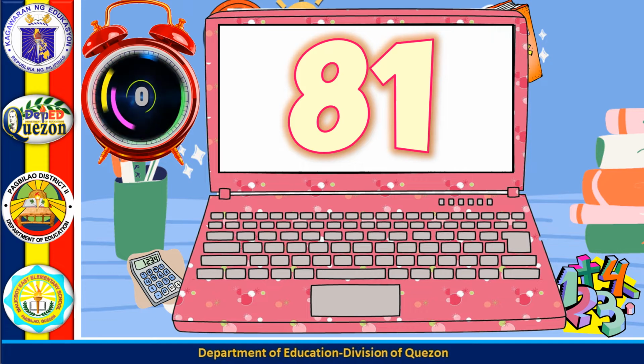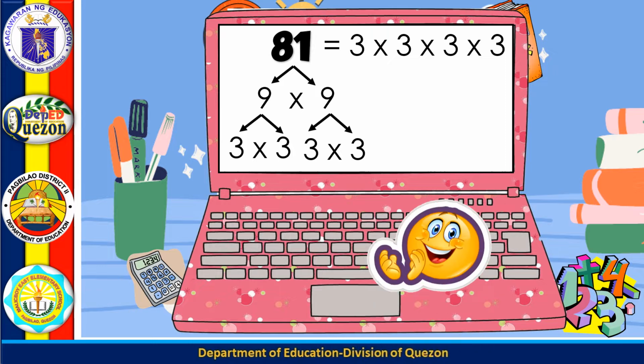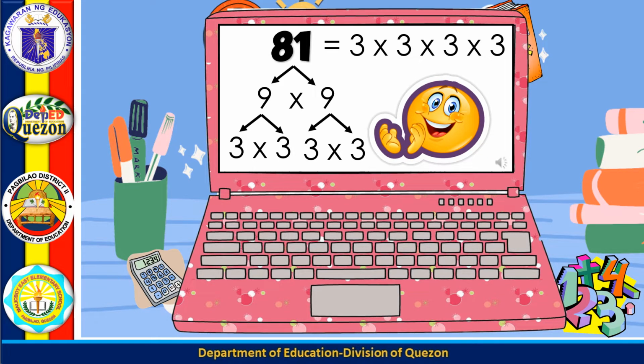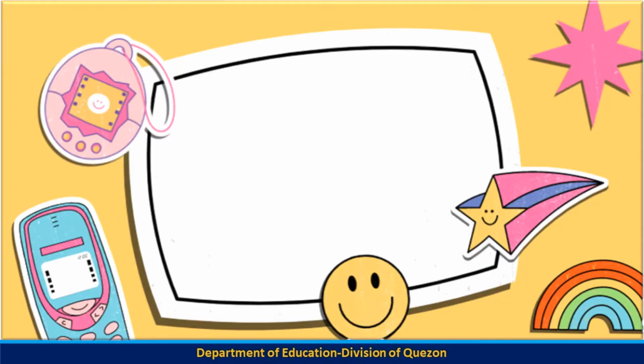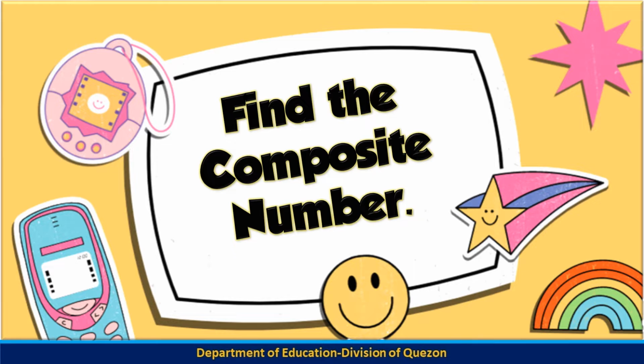Okay, time's up. The answer for the prime factorization of 81 is 3 times 3 times 3 times 3. Oh, there are four 3s. Now, let us find the composite number.